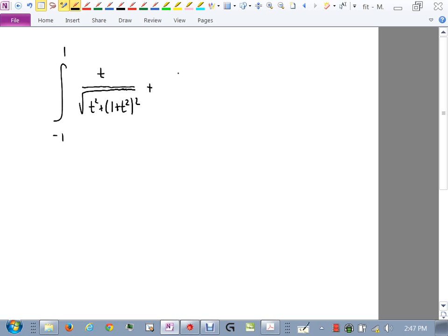T plus 2t squared? Oh, it was 1 plus t squared? You already did the dot product there? What is it after the dot? 2t plus 2t cubed? Okay. Over the square root of the same thing, right? dt.